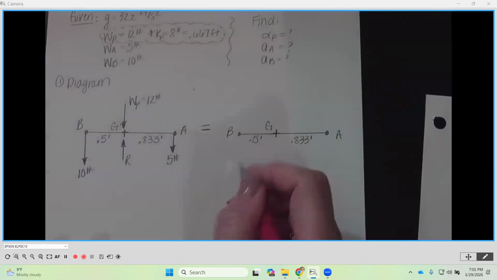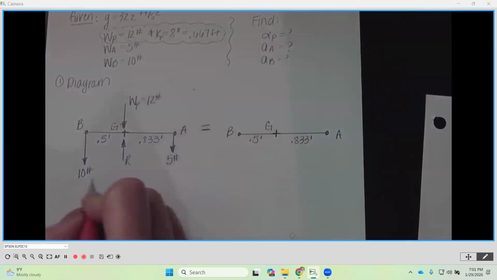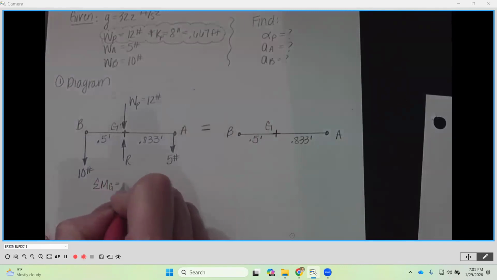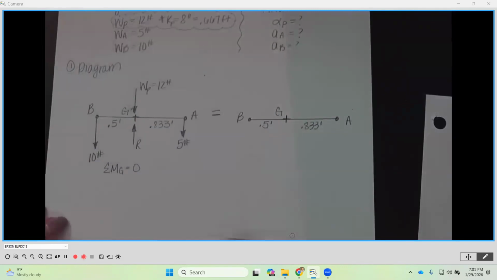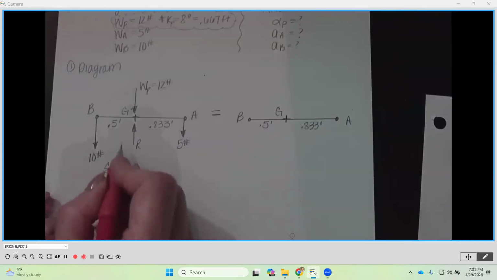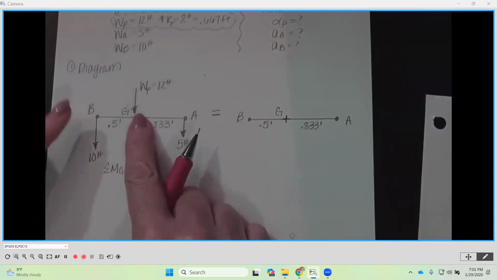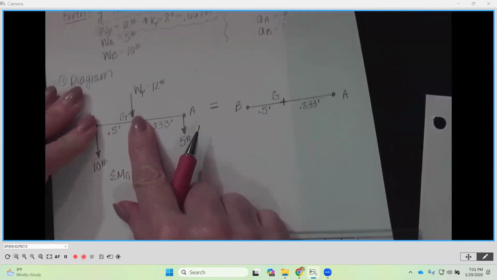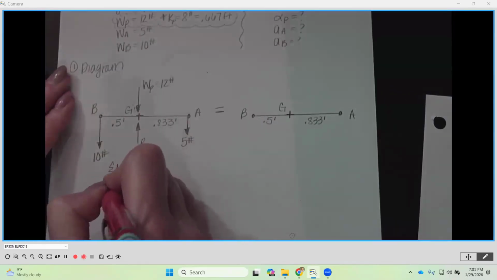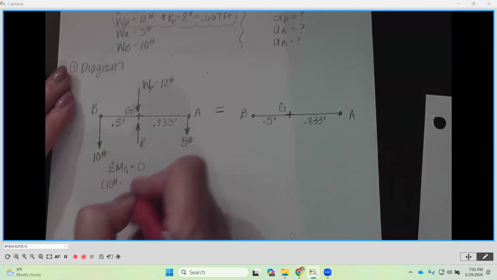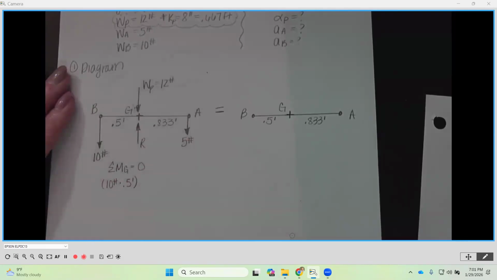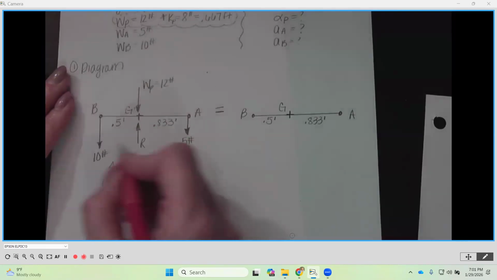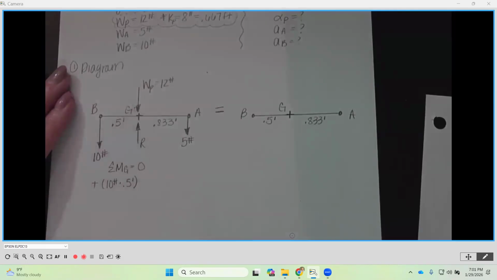So if we compare the moment on either side over here, for instance, if I sum my moment around G, and I'll say equal to 0, that's totally fine because it's just the normal way that we do it. I'm going to look at B first, so I have my finger on G, and I'm going to rotate that 10 pounds times 0.5 feet, okay? And it is going to go in a counterclockwise direction, so that'll be positive.